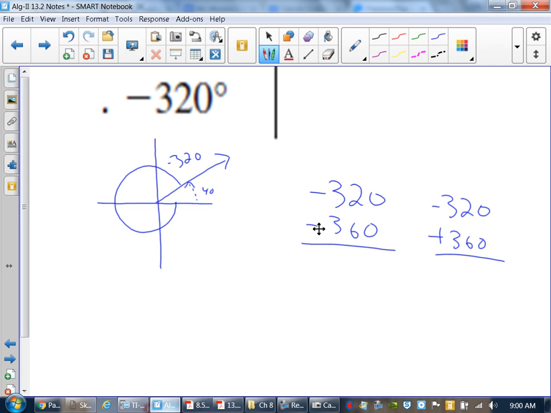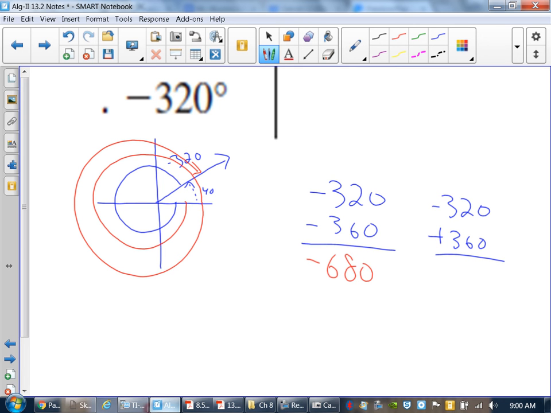So to do the negative, you're basically starting back at 0, going negative 360, going another negative 320, and you wind up at negative 680 for the negative coterminal. You spin around twice-ish.